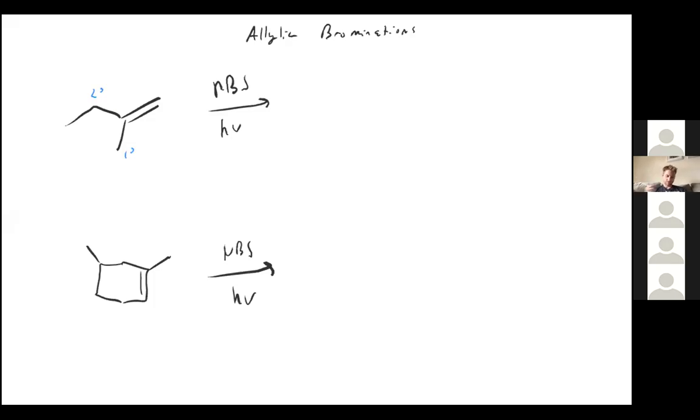We're going to generate two different bromination sites. Or sorry, radical sites. We'd end up with one here and one here. From this point, these can each lead to a product.